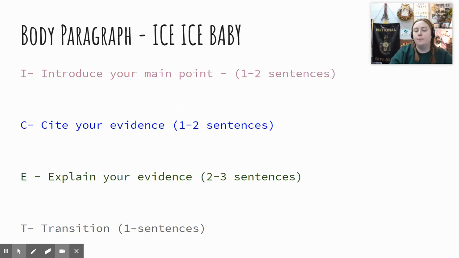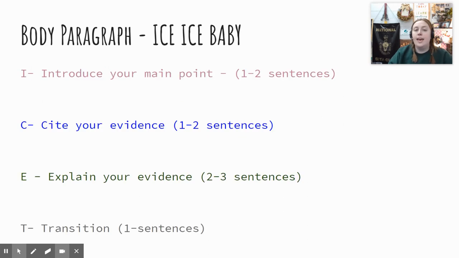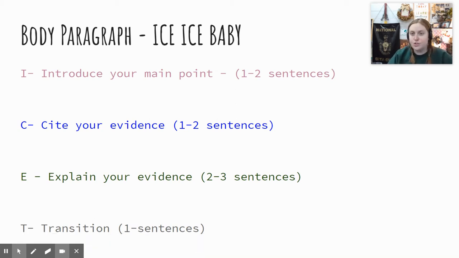So for example, let's talk about body 1. If body 1, we're talking about key events, and the key event that I pick is when Jim goes up and he slaps the house, and that's in, I think, chapter 1, chapter 2. I then would want to explain in 2 sentences how that event shows bravery and courage.